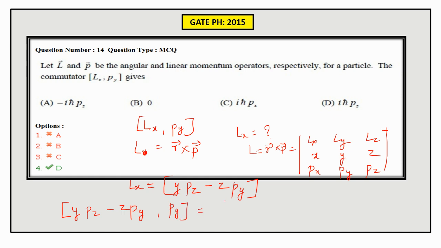That you can solve directly. I told you that you know the shortcut, you can apply the shortcut in the examination hall. So this is the commutator relation that I am applying.